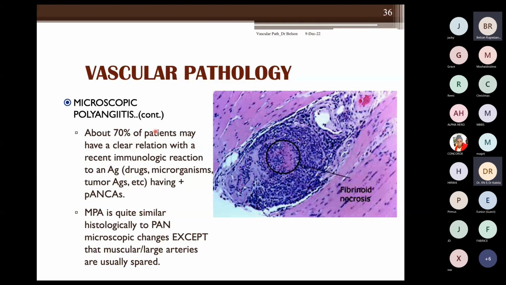So microscopic polyangiitis is quite similar histologically to polyarteritis nodosa that we saw previously. They have similar microscopic changes, except that the muscular or larger arteries are usually spared.